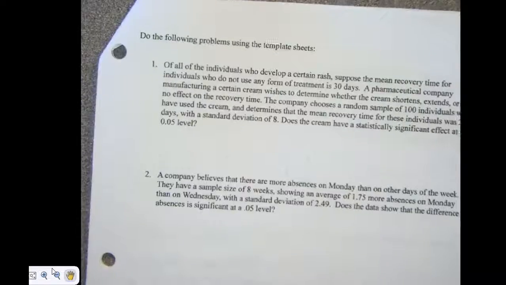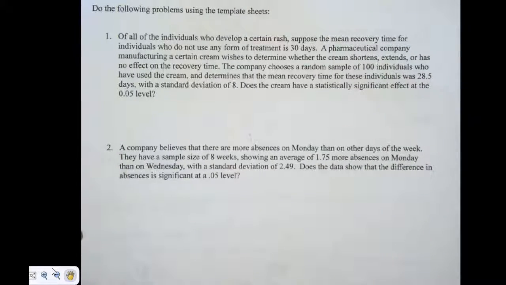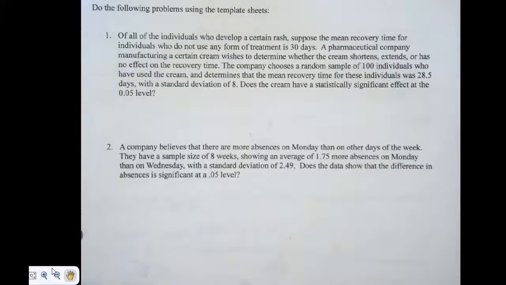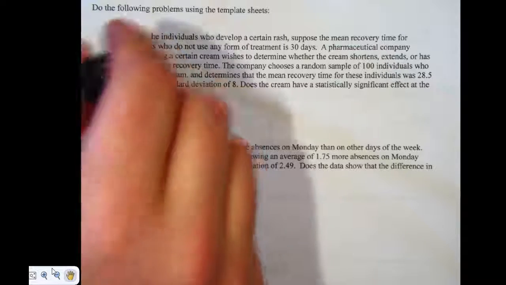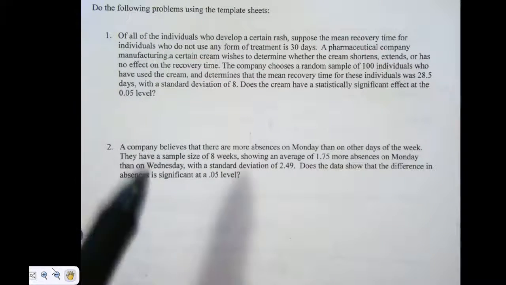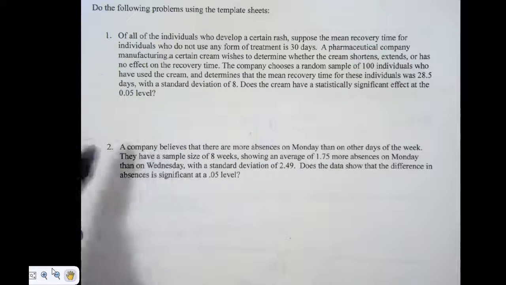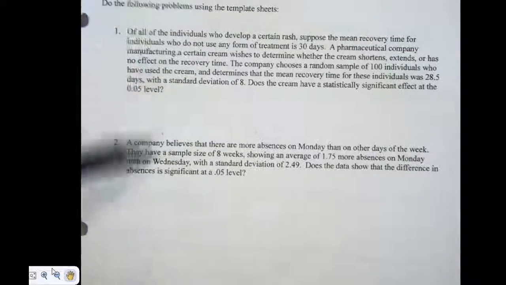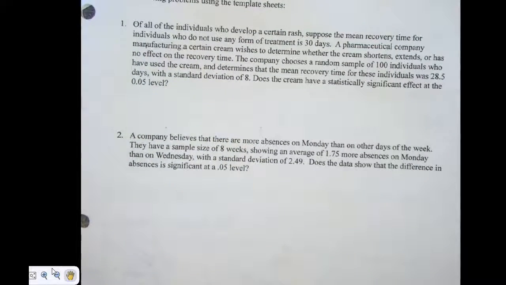Alright. So here's what we're doing for the next couple days, the rest of today and then also Monday. What I need from you at some point in the class on Tuesday is these two problems written out as though it were like a paper you're turning in.